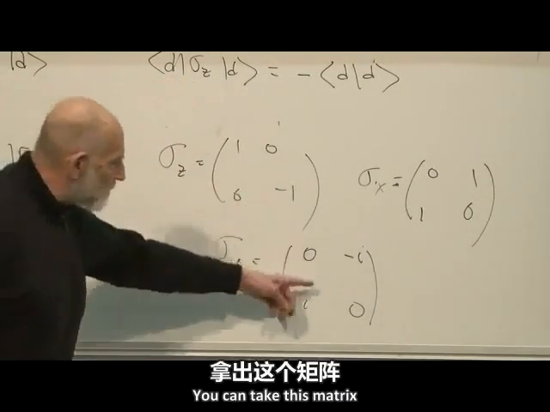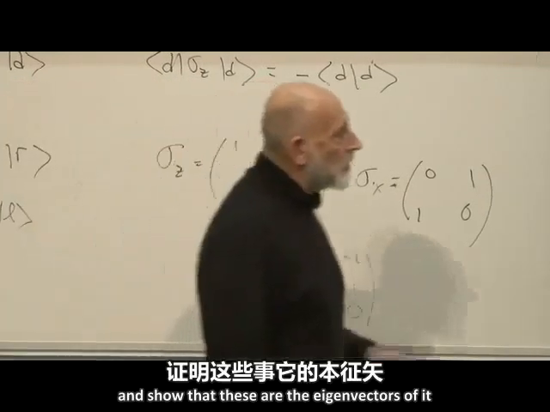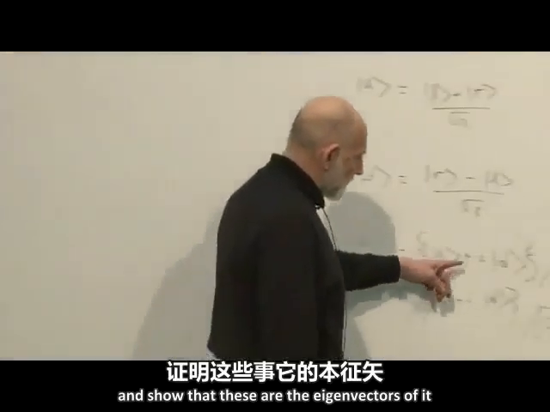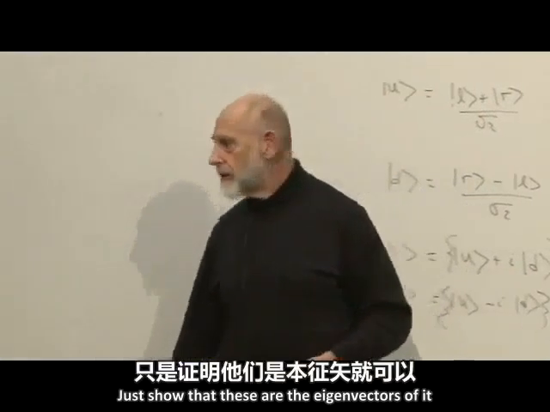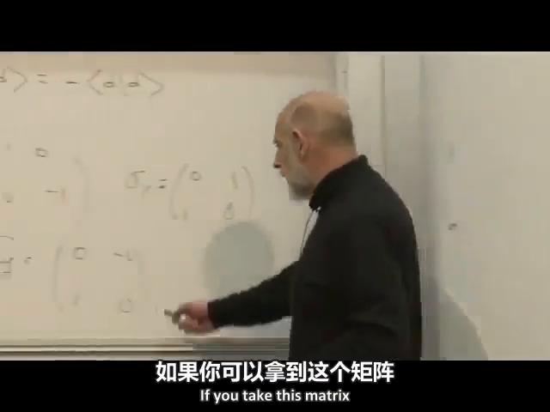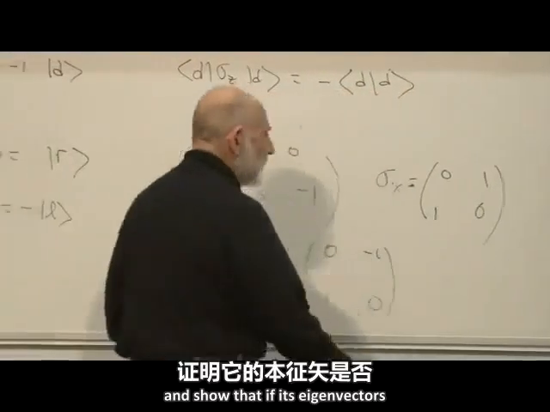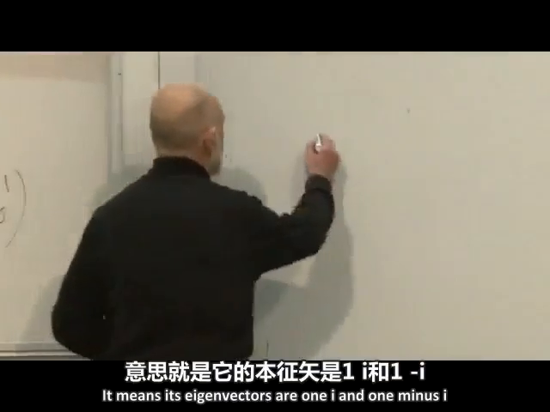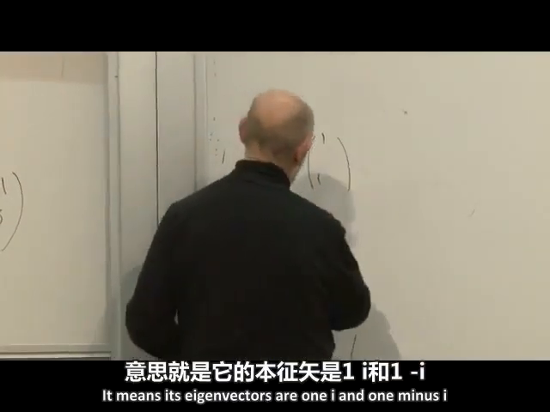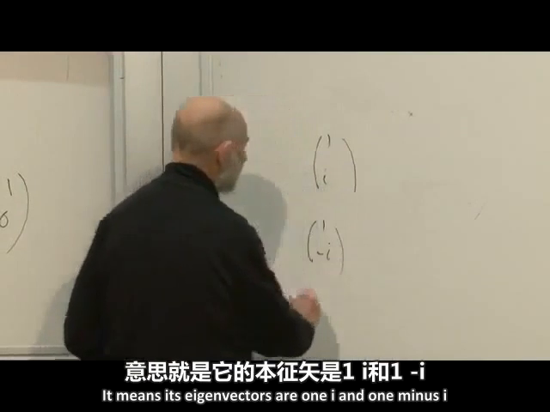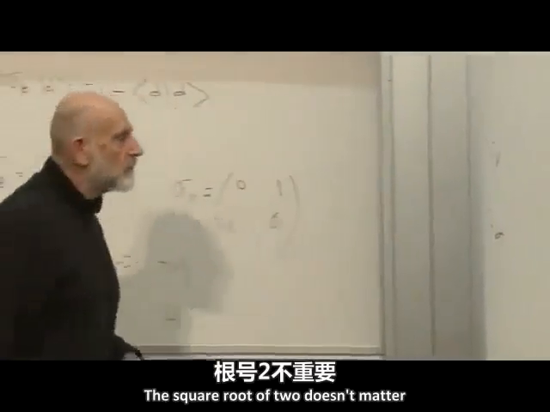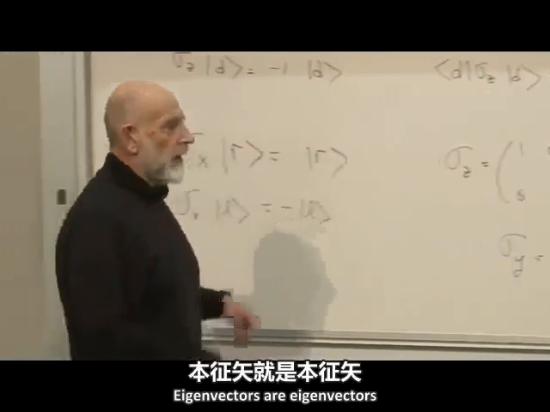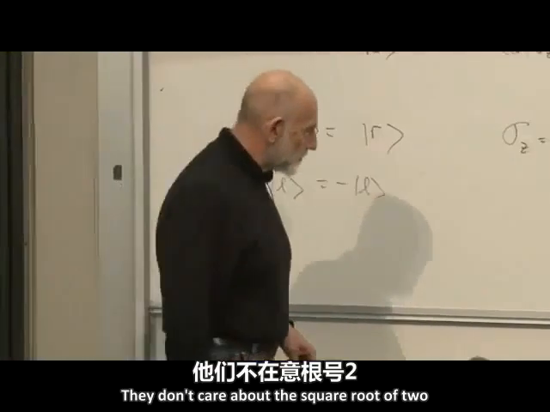You can take this matrix and show that these are the eigenvectors of it. What does that mean? It means that its eigenvectors are (1, i) and (1, minus i). The square root of 2 doesn't matter. Eigenvectors are eigenvectors. They don't care about the square root of 2.